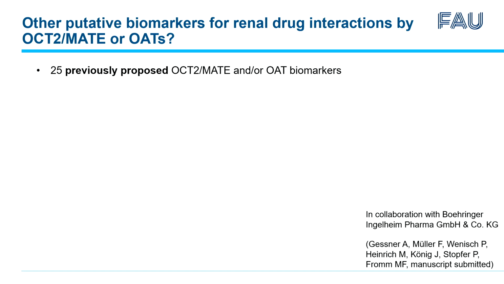Finally, I would like to share with you some unpublished data so far, again in collaboration with our colleagues from Boehringer. In this study, we looked at 25 previously proposed OCT2 MATE biomarkers, or also OAT biomarkers, which have been mentioned in the literature as putative biomarkers, or at least it has been mentioned that they are substrates of the respective transporters.